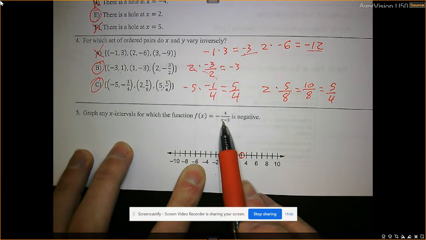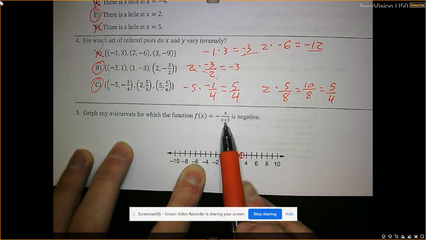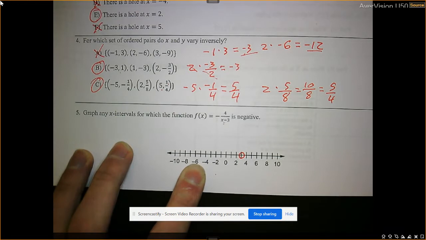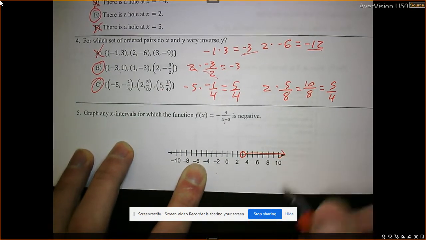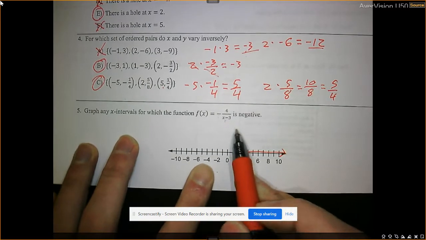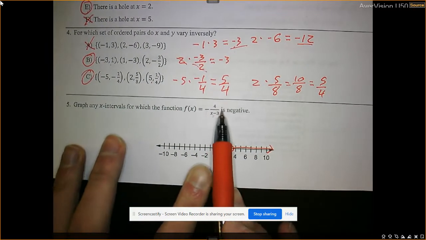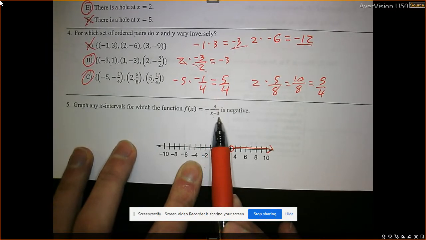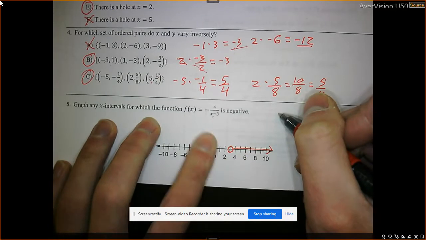Anything less than 3, you're going to get a negative denominator, but remember, there's this negative out front, so a negative and a negative will make a positive. So it's only going to be negative when x is greater than 3. I hope this is making sense. When x is greater than 3, 4 over x minus 3 is going to be positive, okay?